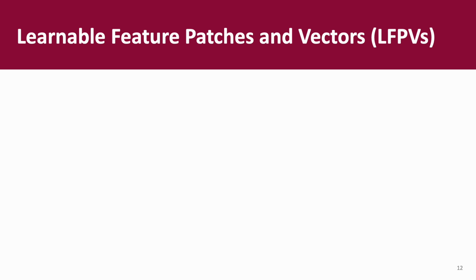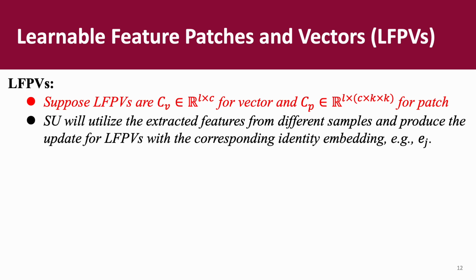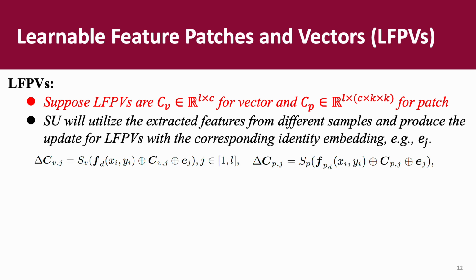Suppose there are L feature vectors and patches in LFPVs, the channel number is C, and the patch size is K. The update via SU takes the input of feature vectors or patches from the feature maps of the training data, the current LFPVs vector and patch to update, and the corresponding identity embedding.